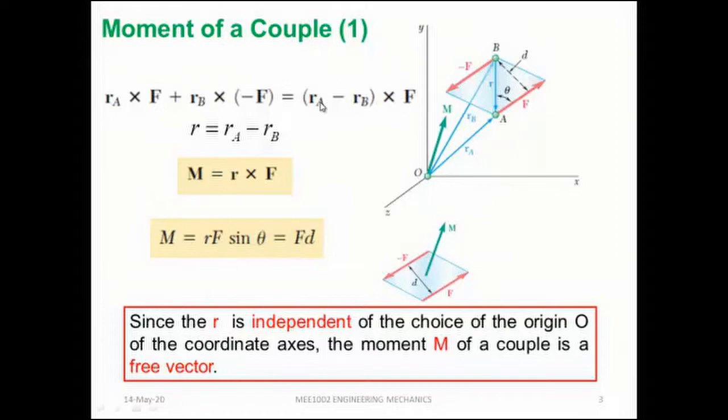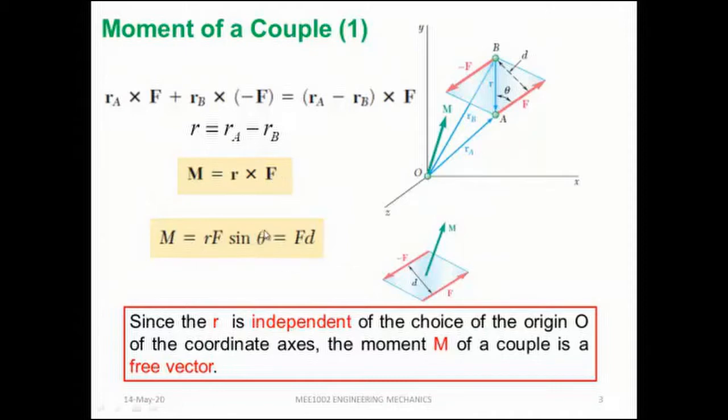So simplifying this RA minus RB as R vector, and we get this couple as moment. So this is called moment of a couple, that equals the position vector between the two forces, cross F vector.